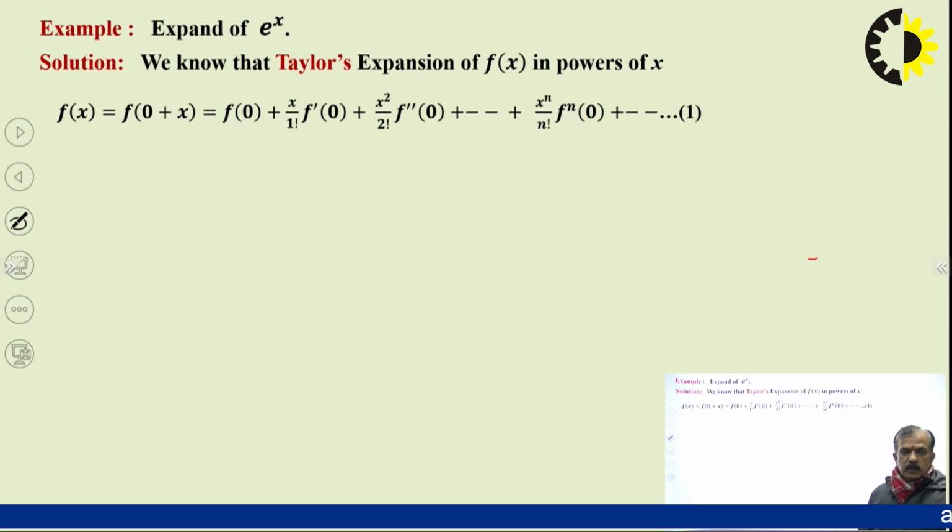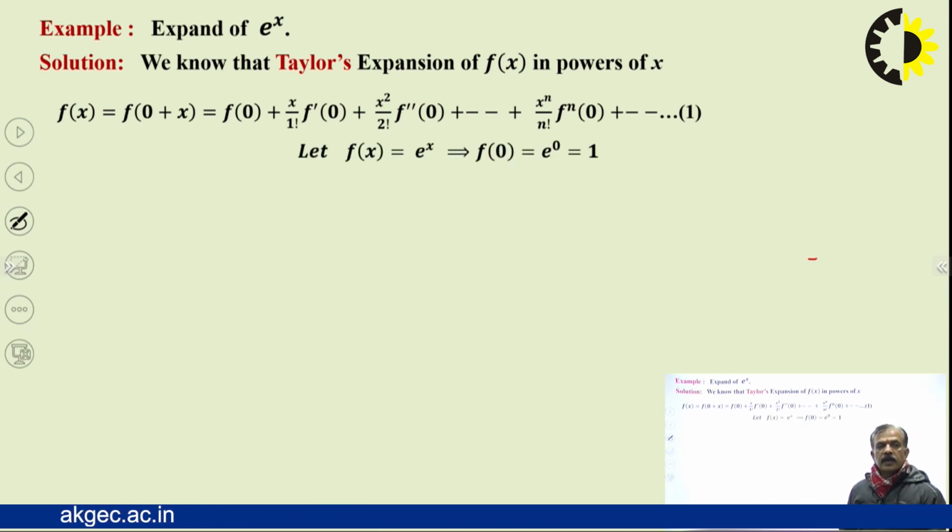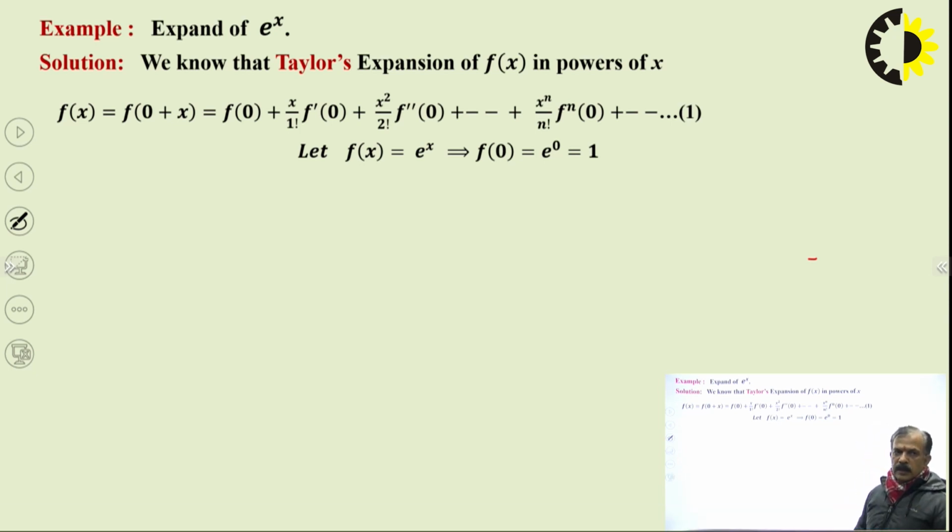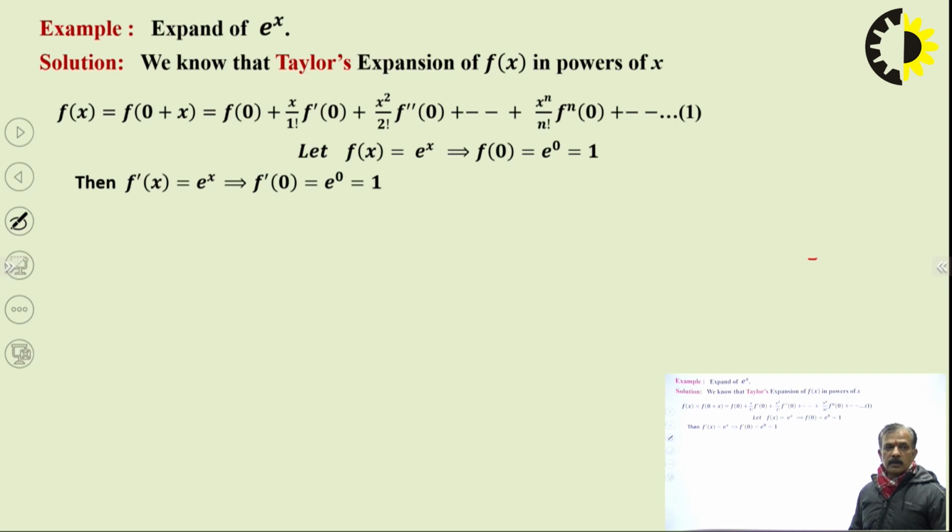Now we find the value of the function and its derivatives, and we put these values in equation 1. So, we will get the required expansion of e raised to the power x in powers of x. Here we have f x equal to e raised to the power x. So, the value of e raised to the power x at x equal to 0 is 1, and the first derivative of e raised to the power x is again e raised to the power x.